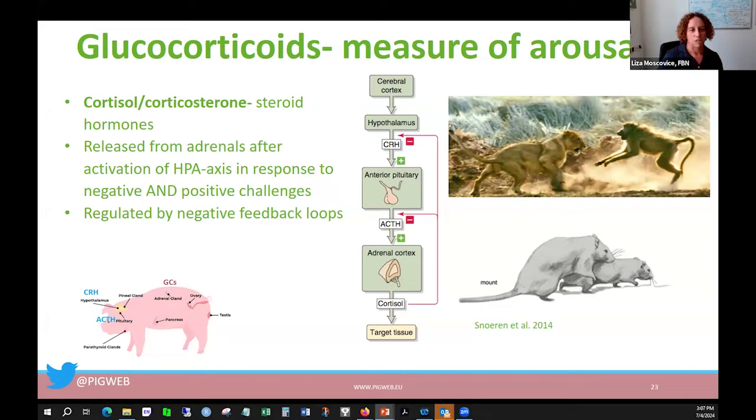And they're released from the adrenals after this hormone cascade, and then they're actually mobilizing resources to deal with challenges. So in the short term, cortisol and glucocorticoid release is a very adaptive response that's important for dealing with challenges.